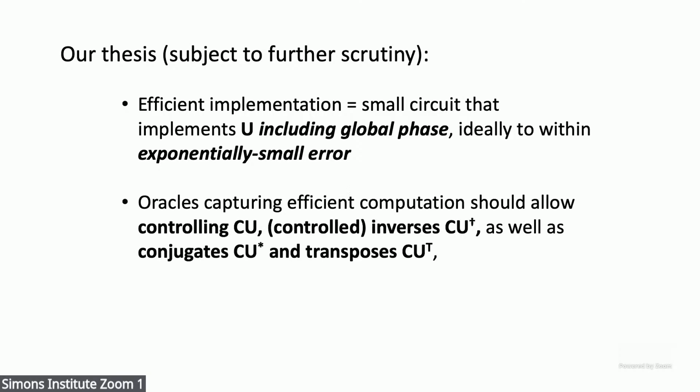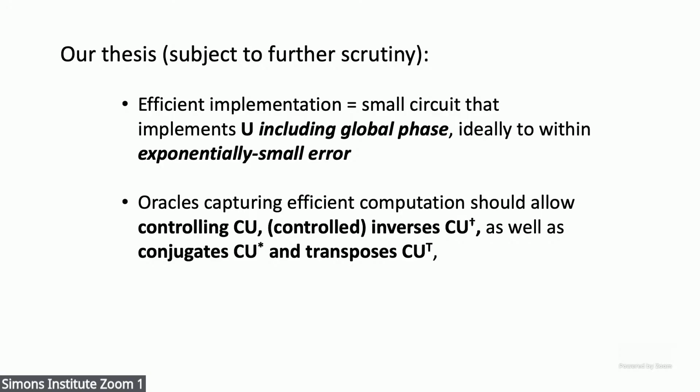Okay, so then as far as how to treat oracles for unitaries, if the unitary is supposed to reflect some sort of efficient process, oracles capturing efficient computation should allow controlling the unitary, should allow inverse, and also controlling the inverse. This is relatively standard, nothing too out of the ordinary here. But then maybe the new part is I also take the stance that you should allow conjugates and transposes, also control versions of those.